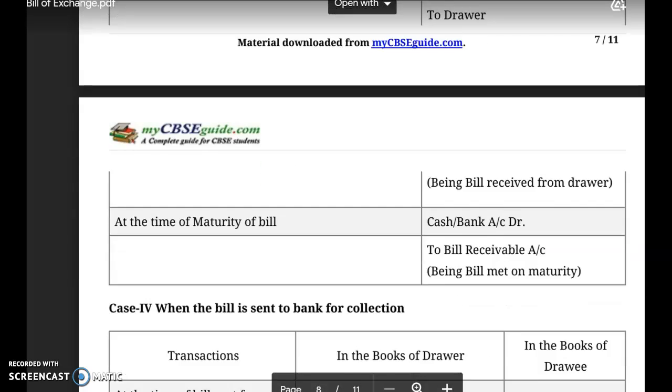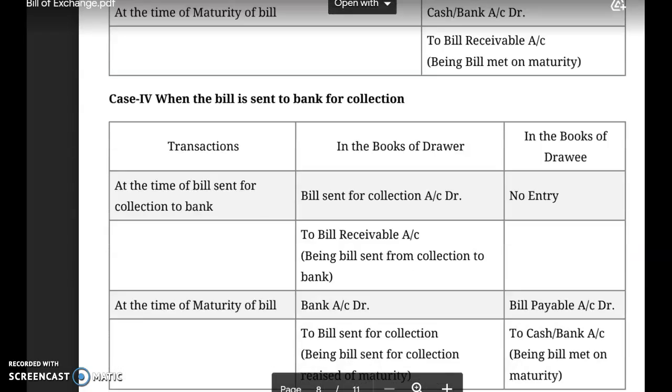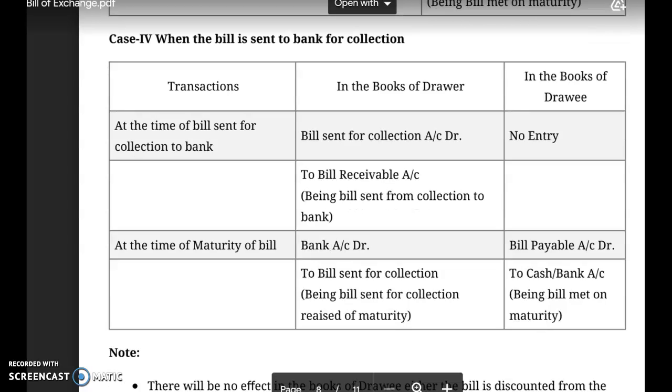Let's discuss the other important case, that is the fourth case, when the bill is sent to the bank for collection. Collection here means that the drawer requests his banker that on the maturity date, please collect the payment of this bill from the drawee. The drawer sends the bill to the bank before the maturity date with a request that on the due date please collect the payment of this bill.